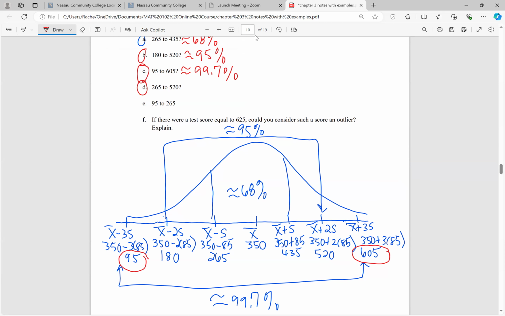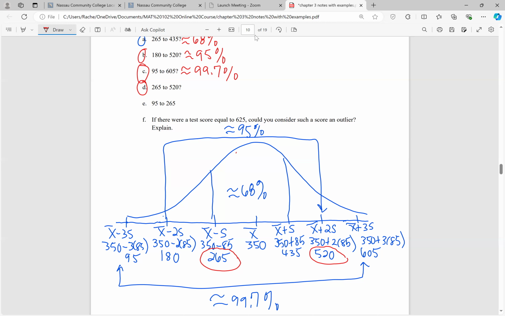So let's continue. Part D says, what percent of our data values do we expect to be between a 265, so let me circle 265, and a 520, which is right here. Now this is a little bit different than the previous ones, because a 265 is 1 standard deviation below the mean, and a score of 520 is 2 standard deviations above the mean.